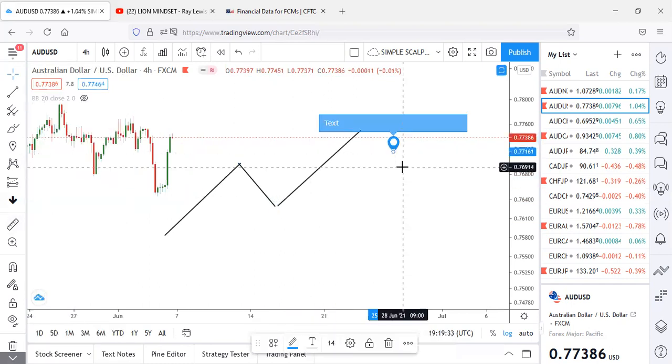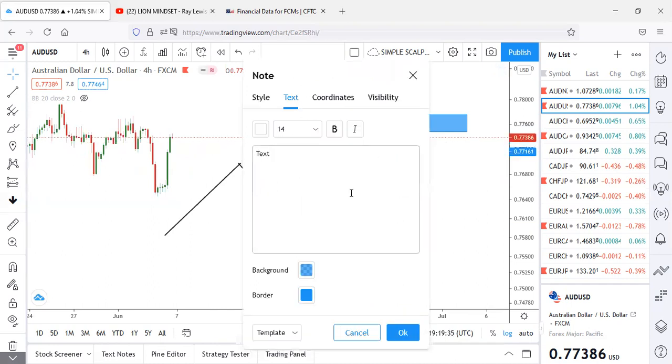In the case of an uptrend, you want to recognize higher high and higher low.